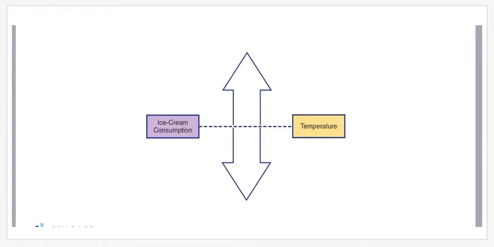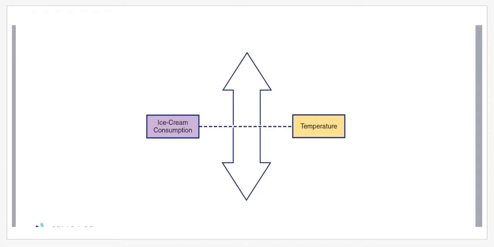However, if you were trying to manipulate variables to determine a cause and effect relationship here, you can look at it like, would you increase or decrease a temperature as the independent variable to see if there's an effect on ice cream sales as the dependent variable? That makes sense, right? But could you do it the other way?